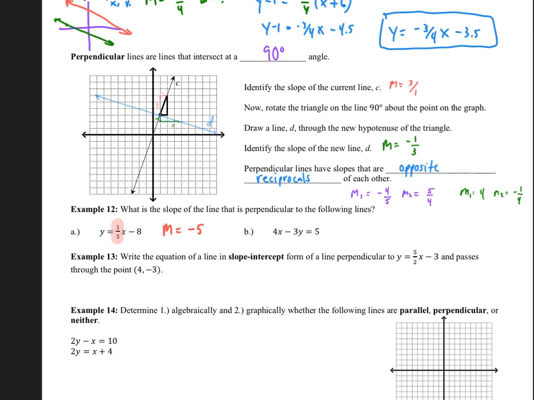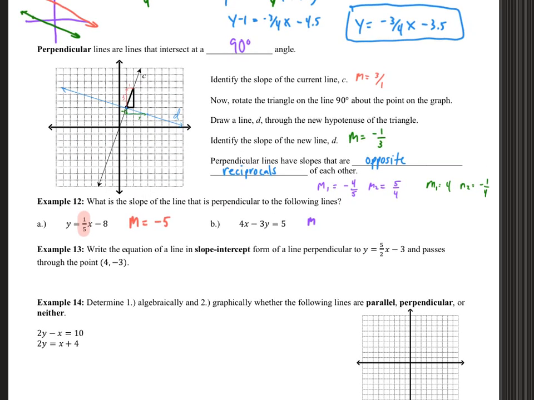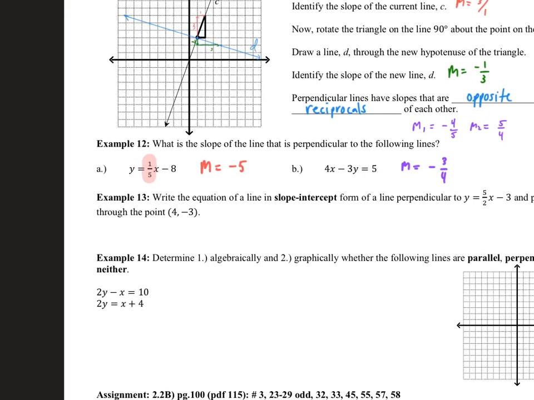We saw earlier that this one, once we solved, was 4/3. So that's our original slope. And so the opposite of 4/3 would be negative, and then the reciprocal would be 3/4. So using what we found earlier, don't need to do it again.